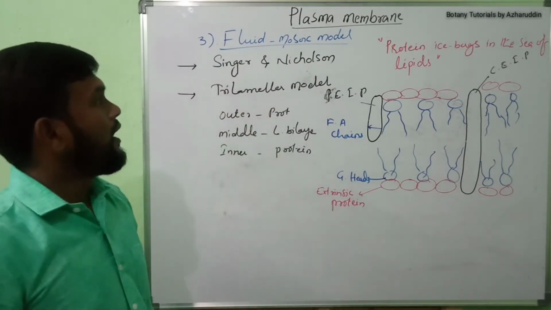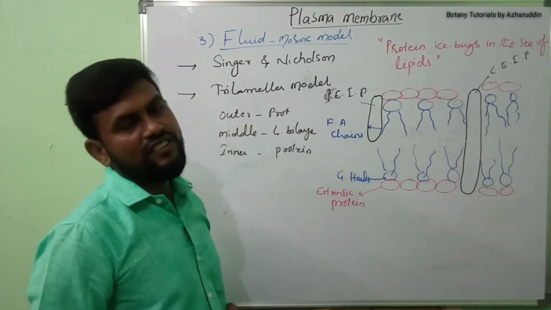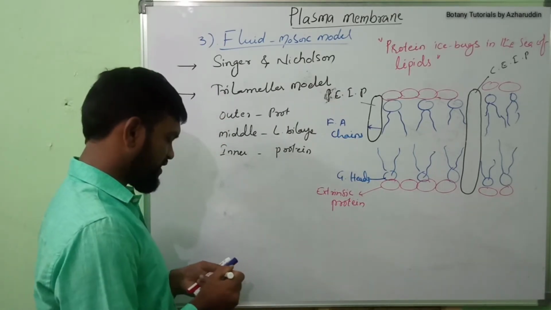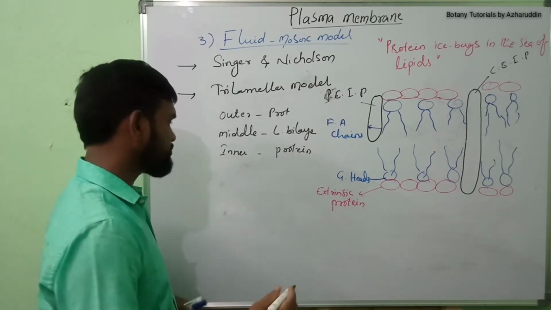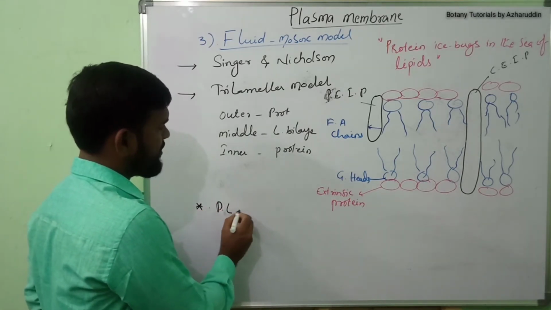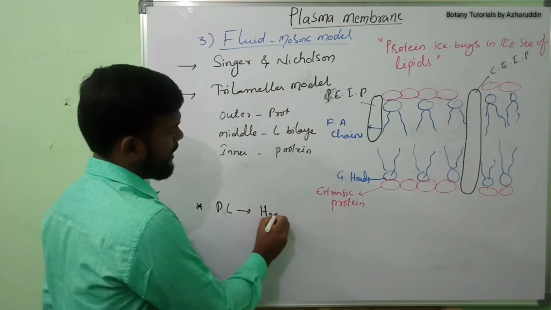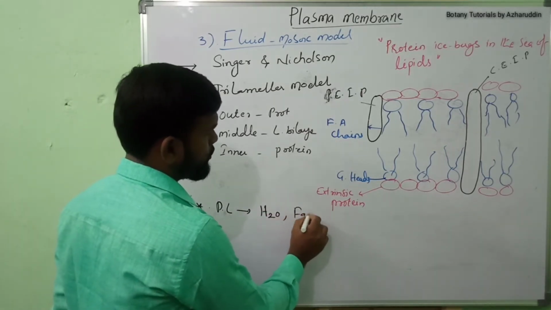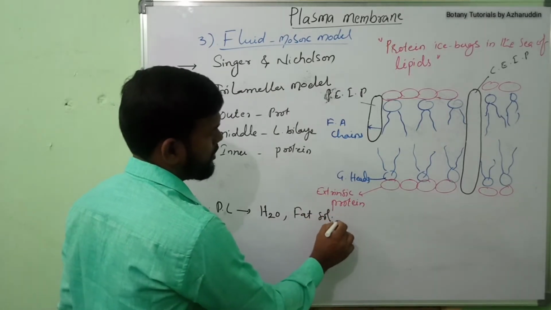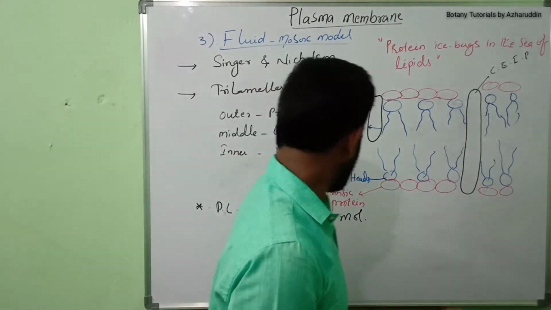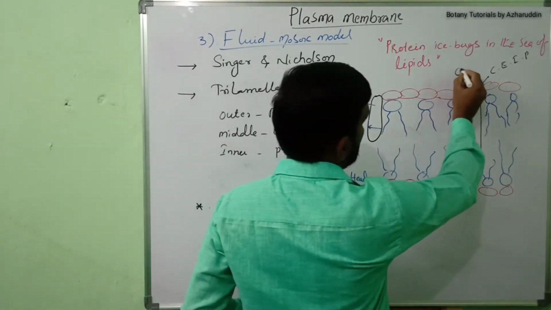Next, let us check the properties of the plasma membrane. What is the first property of the plasma membrane? The plasma membrane allows the entry of water and fat soluble molecules. For example, this is a fat molecule.